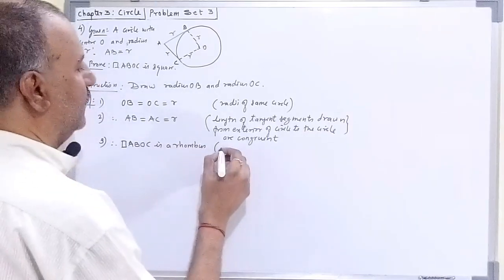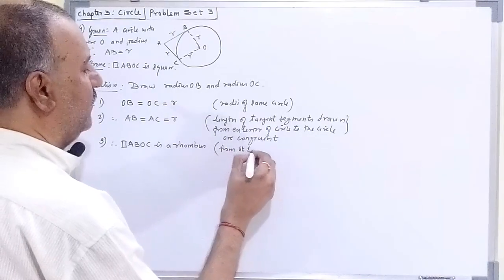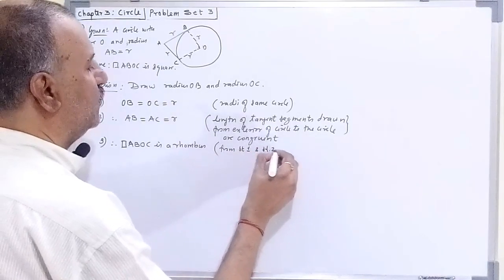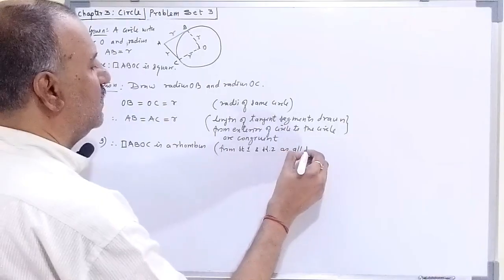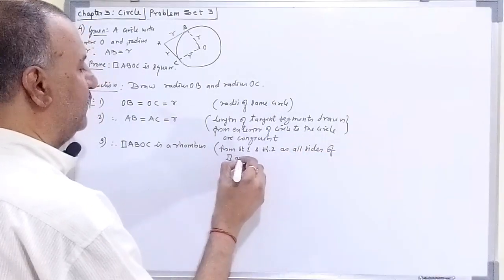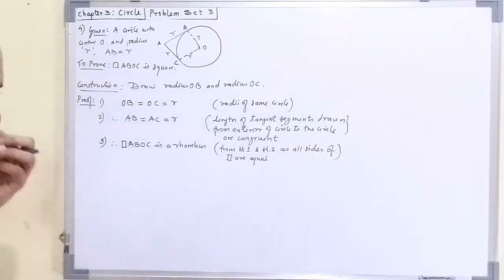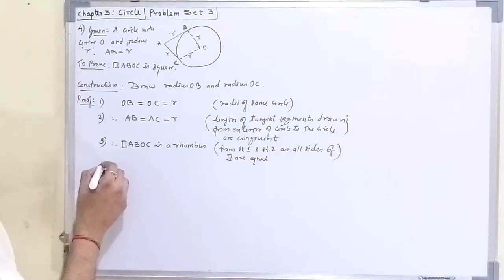Reason: from statement 1 and statement 2, as all sides of quadrilateral are equal. Statement number 4.